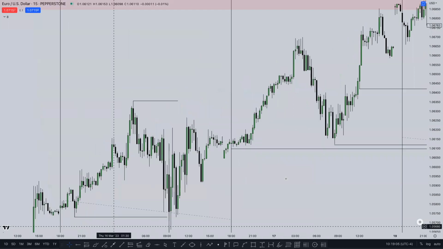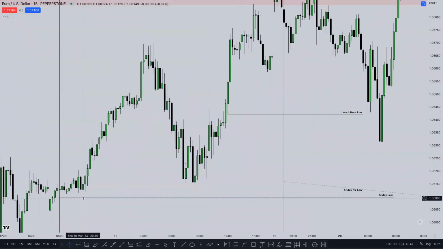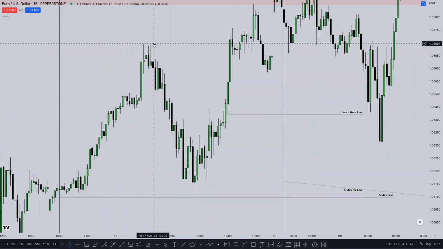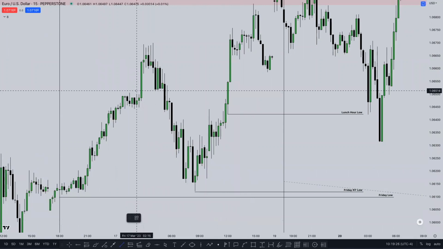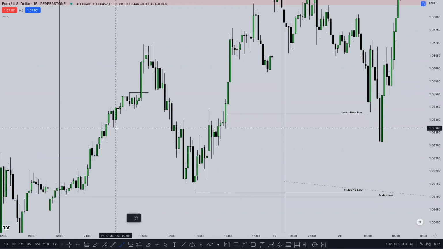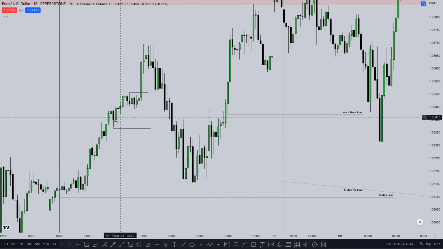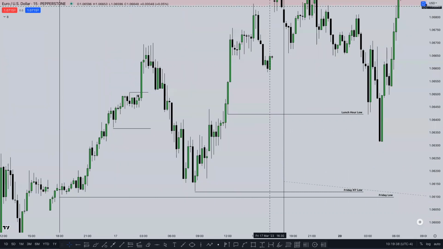All right. So you can also look at it like this. This is the Friday low. This is Friday's London high. And you can see now from a fractal standpoint, if you look at this high and this low, can you see how from this low to this high, from that point onwards, we formed multiple candles prior to going higher?